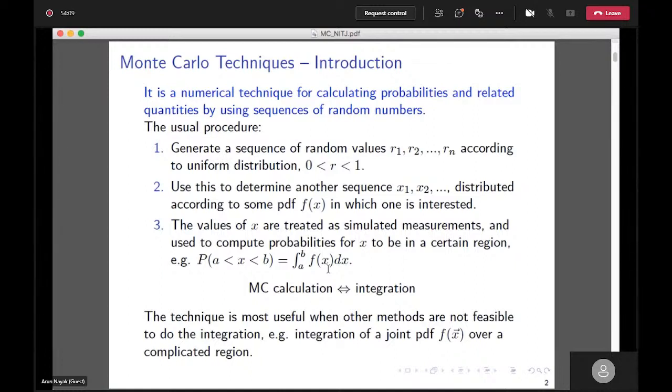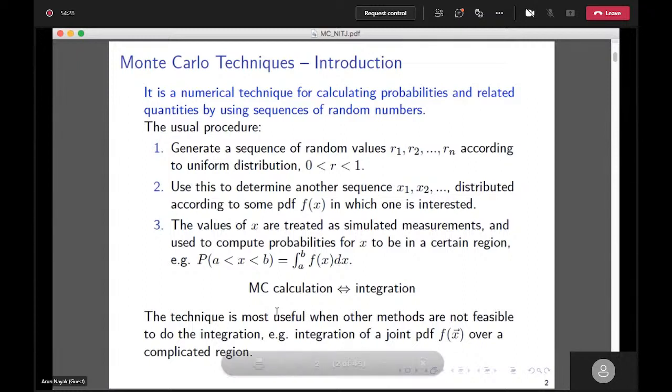There are many other numerical integration methods, but if those are not feasible, then you can use Monte Carlo techniques for such problems.